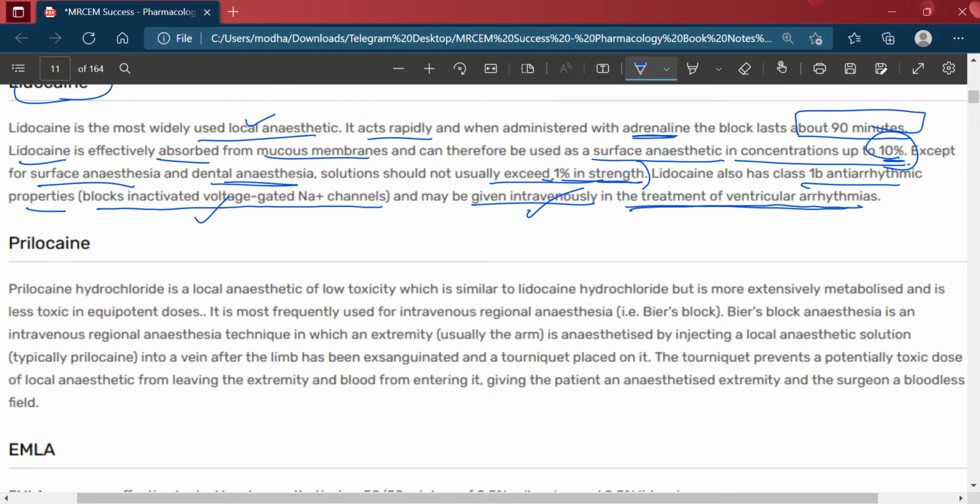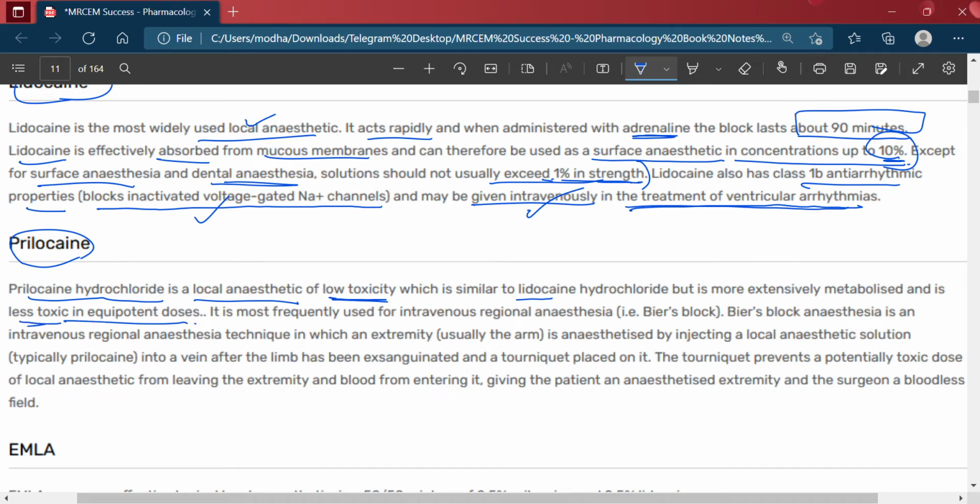Now we will see prilocaine. Prilocaine hydrochloride is a local anesthetic of low toxicity, similar to lidocaine, but it is more extensively metabolized and less toxic in equipotent doses.